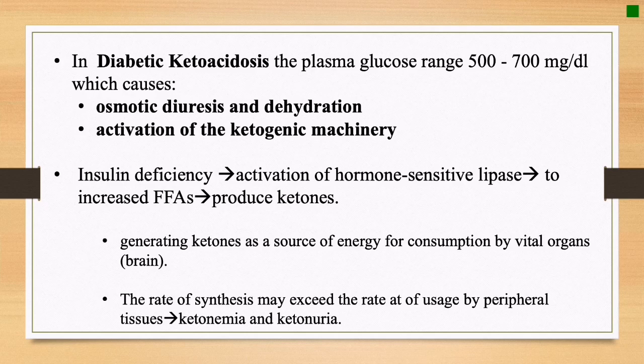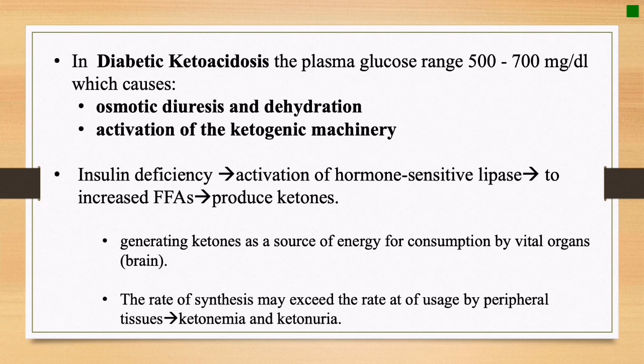The second major effect of this hyperglycemic state is the activation of ketogenesis. Insulin deficiency leads to activation of hormone-sensitive lipase, resulting in an excessive breakdown of the adipose stores, resulting in increased free fatty acids, which are oxidized by the liver to produce ketones.